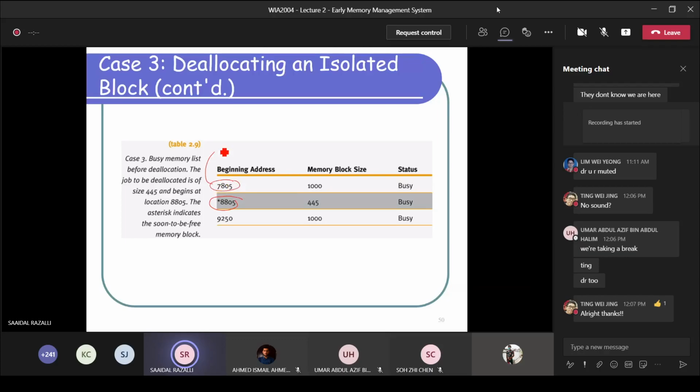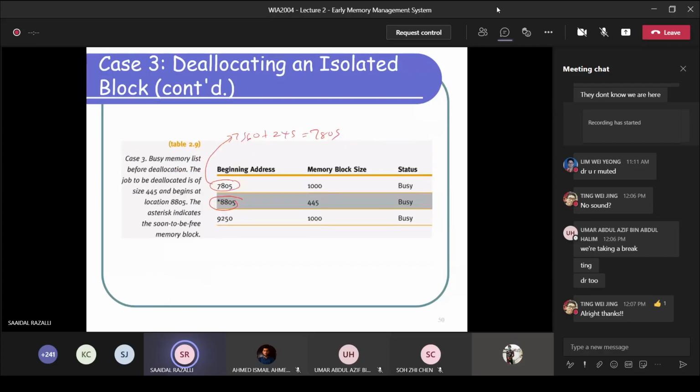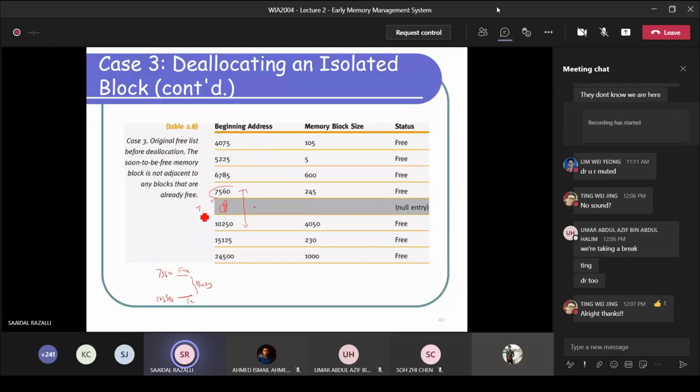So 7805 is 7560 plus 245. If you can see here, from 7560, 245 is free, but when you add 245, you get 7805.